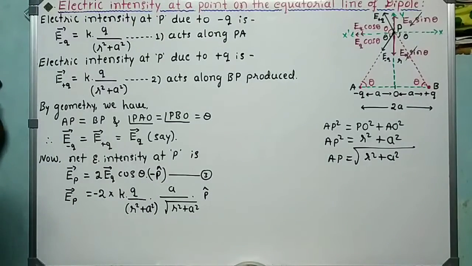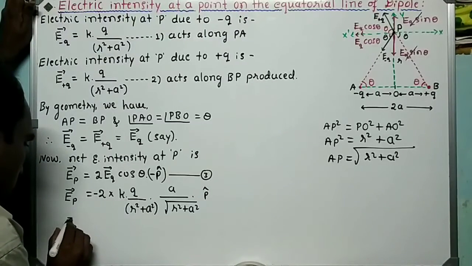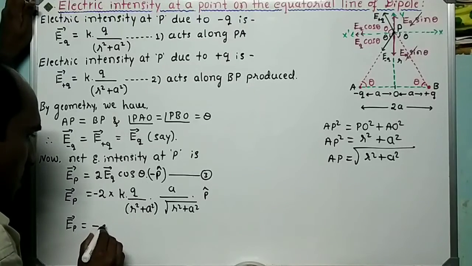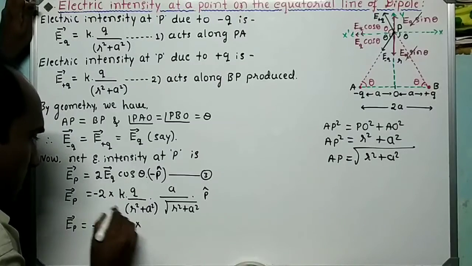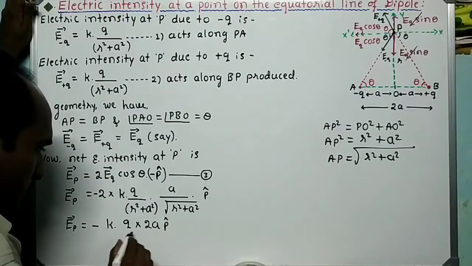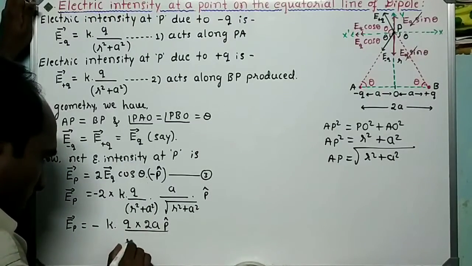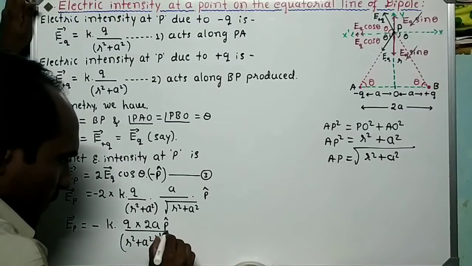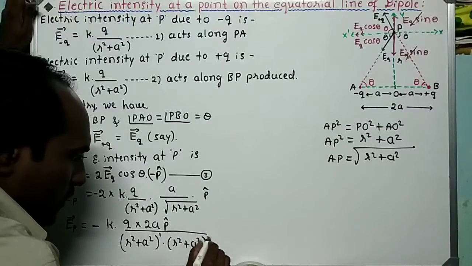Getting the idea? Okay. Now, electric intensity at point P is equal to minus, I will write K first, and Q into 2A into P cap divided by R square plus A square, into square root of R square plus A square. This should be written like this.